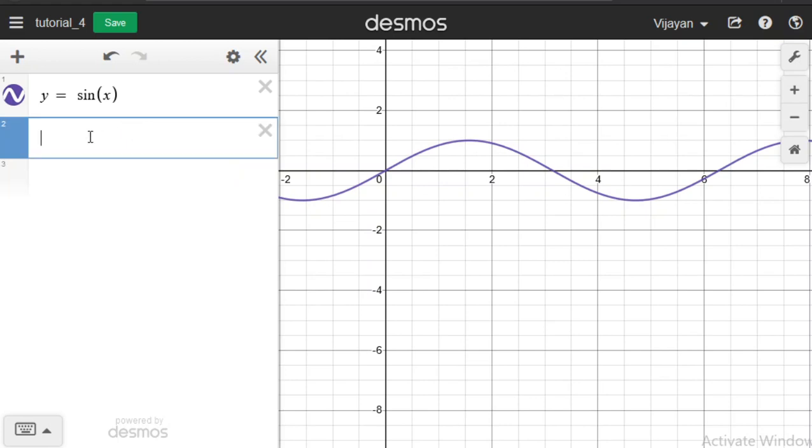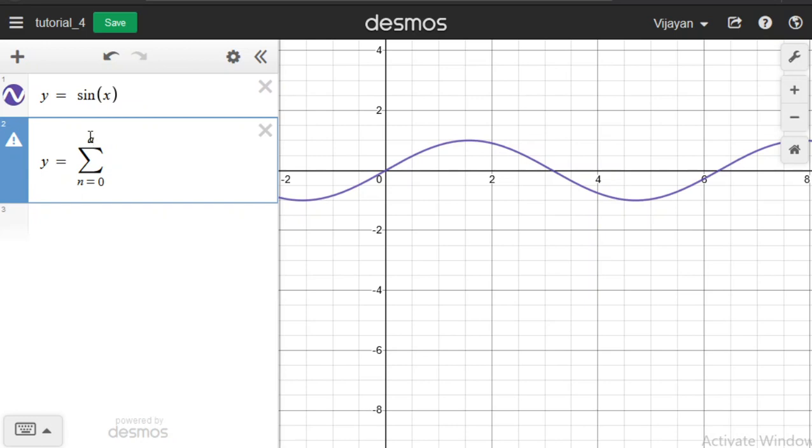Now by the Taylor series expansion, we know that the expansion of sine x in terms of Taylor series can be expressed as y is equal to summation. For summation we will write sum, n equal to the lower bound 0 and the upper bound I will put as a constant a, which will be changed by using a slider.